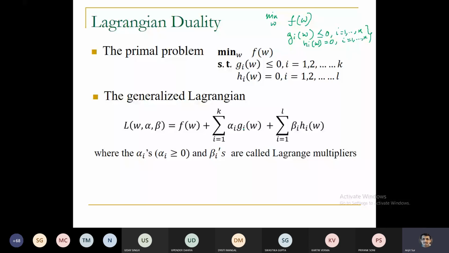So this is the Lagrangian formulation, the formulation with Lagrangian multipliers. Before, there was a constraint; now it is becoming unconstrained. There is no constraint here.